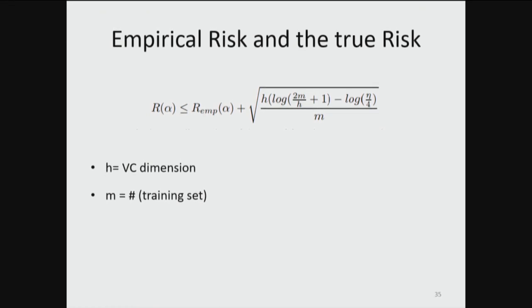That upper bound is given by R of alpha, the true risk, which is less than or equal to R_emp, the empirical error of the model with parameter alpha, plus the square root of h times (log of 2m by h plus 1) minus log of eta by 4, divided by m, where h is nothing but the VC dimension.